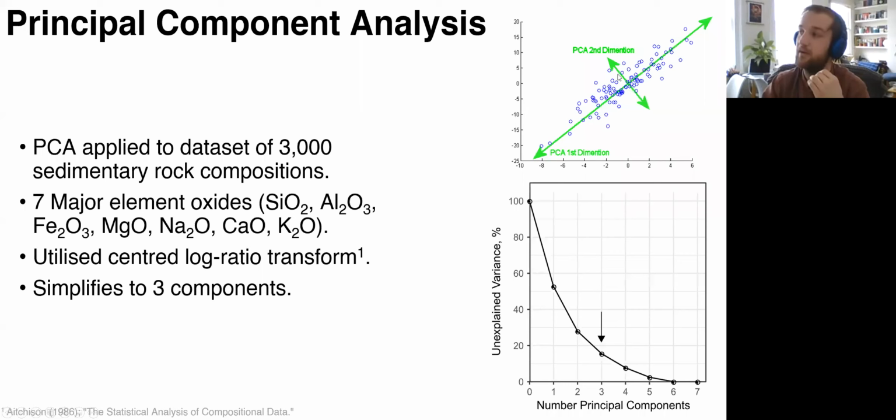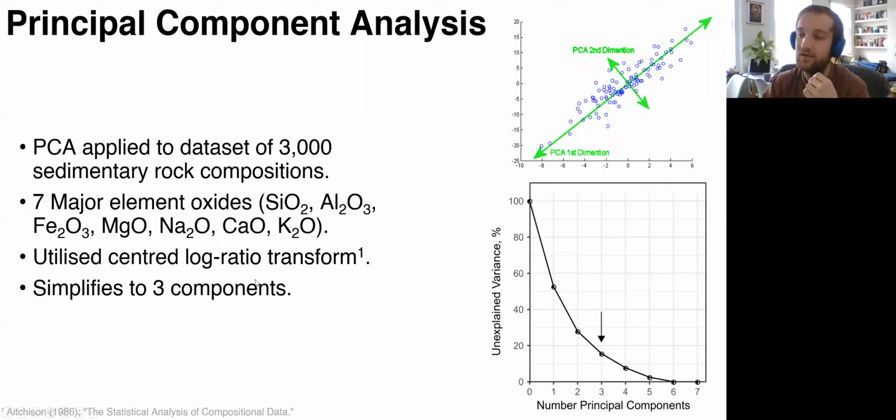These principal components summarize the data set and allow you to interpret it in an easier manner. So we're going to apply PCA to our big compilation of sedimentary rock geochemistry to see if we can summarize what's going on and better understand that complexity we've previously discussed.